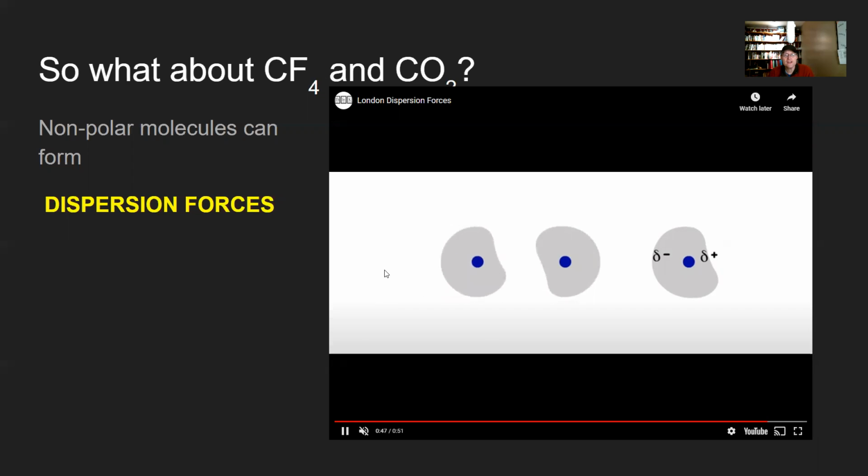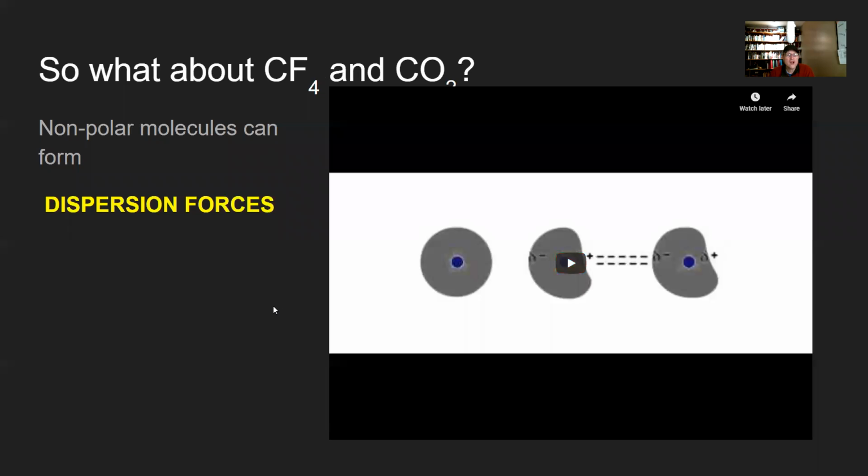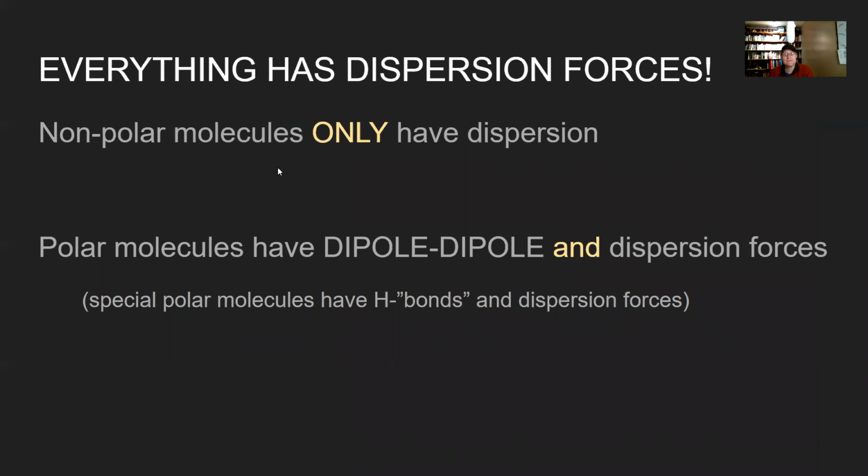The larger an atom or molecule is, even if it's nonpolar, the more opportunity there is for polarizability. That is the ability for those electrons to shift to one side of the molecule or another, creating a stronger attraction. So every molecule and every type of substance will have some type of dispersion forces, because there's the ability for those electrons to shift randomly and create those induced dipoles.